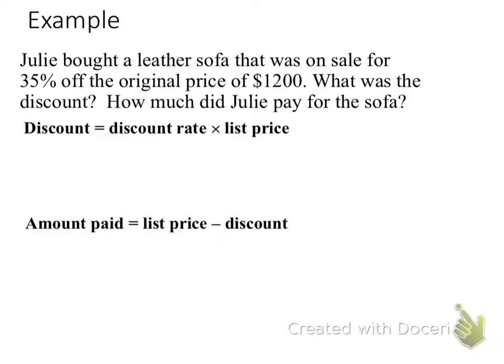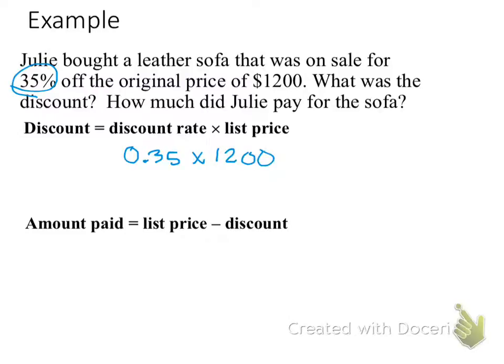Let's try another one. Julie bought a leather sofa that was on sale for 35% off the original price of $1,200. What was the discount? How much did Julie pay for the sofa? So discount, you're going to take the rate and multiply it by the price. So the rate is 35%, and again, we're changing this to a decimal, and the list price is $1,200.